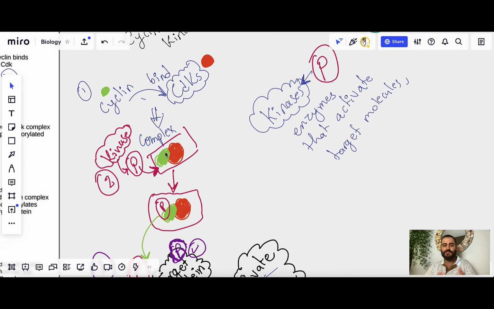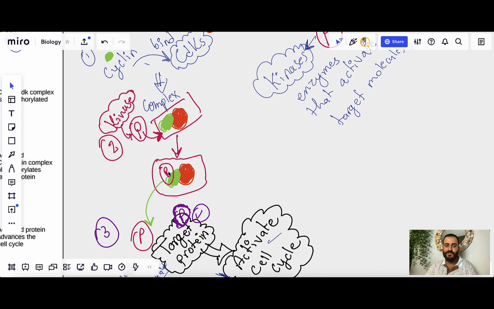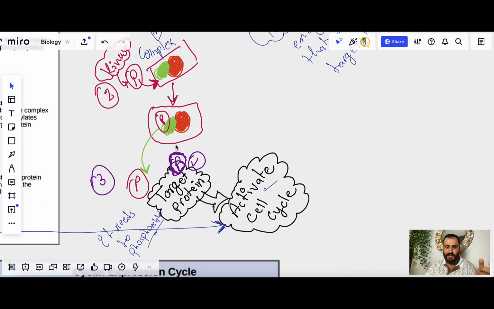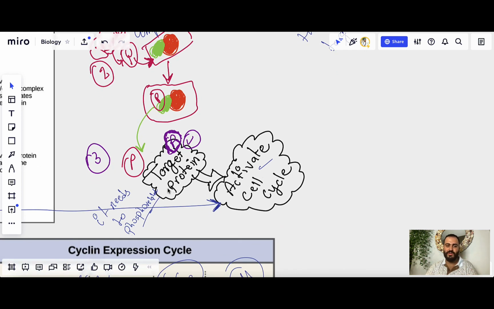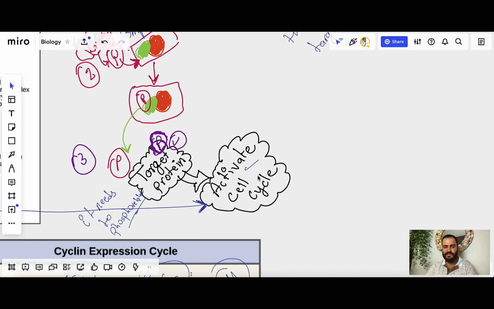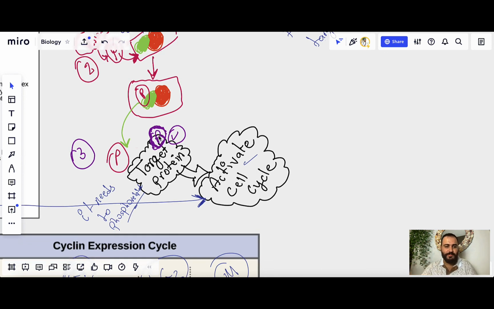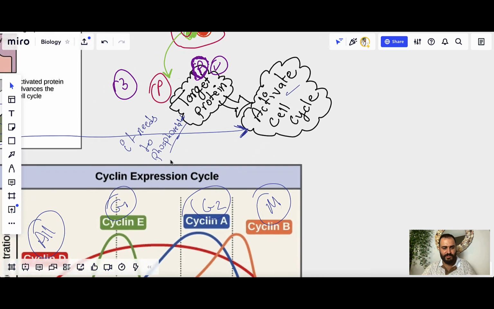After that, this complex must receive a phosphate group from an enzyme called kinase, and this phosphate will be given to a target protein. The target protein is going to activate the cell cycle at different phases, including G1, S, and G2. Without the presence of the phosphate, the target protein won't be able to be activated.